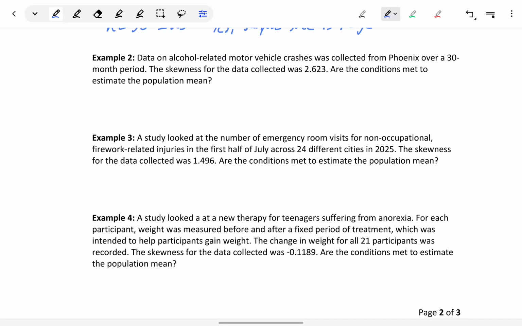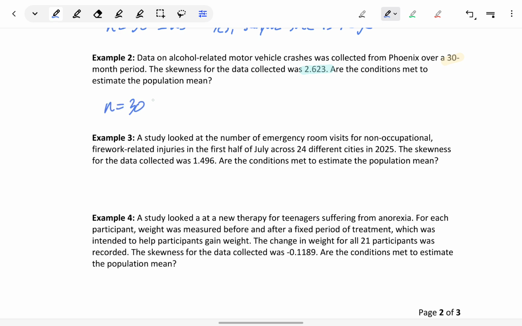In example 2, data on alcohol-related motor vehicle crashes was collected from Phoenix over a 30-month period. The skewness for this data collected was 2.623. Are the conditions met to estimate the population mean? Again, skewness is being provided for us, but even though that value would suggest that our data is highly skewed, it doesn't matter because our sample size is large enough.